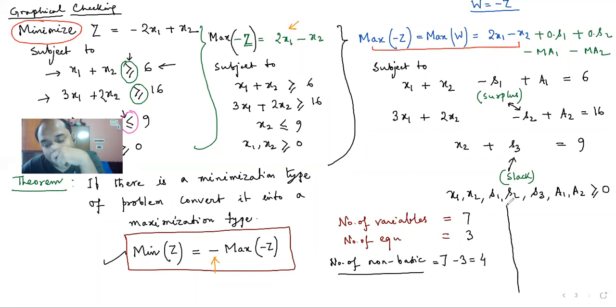And now you tell me which ones you are going to consider to be non-basic, with the convention. Which 4? Apply the convention.